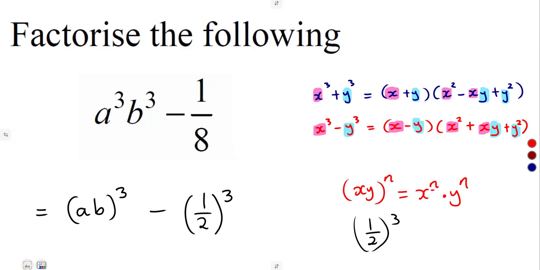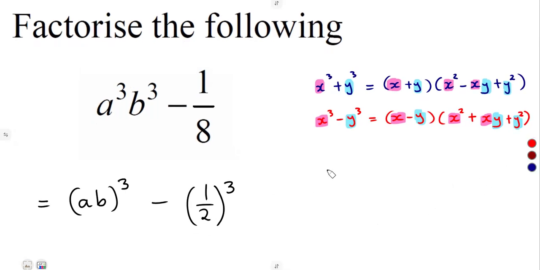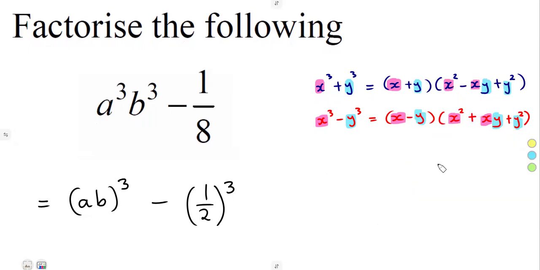Guys, at this point we are back to exactly what we have been working with: the difference of 2 cubes identity. What is your first term? We indicate that this is our first, and what is our last term?